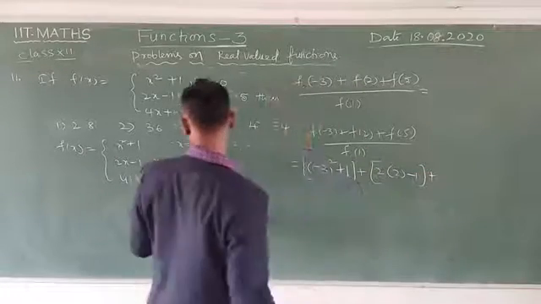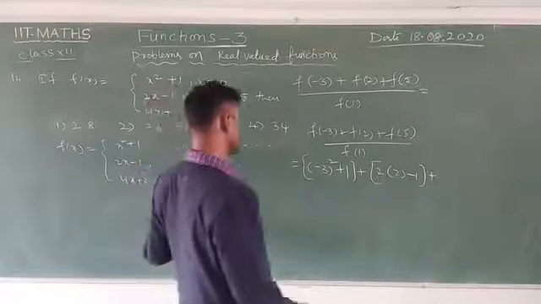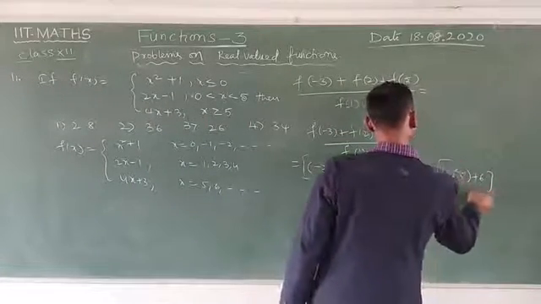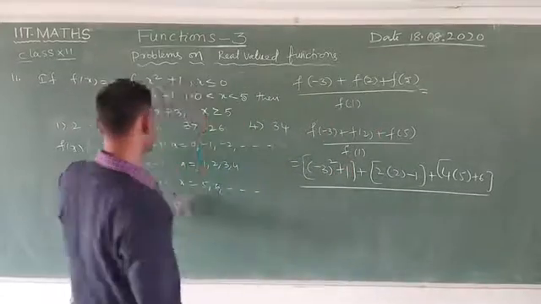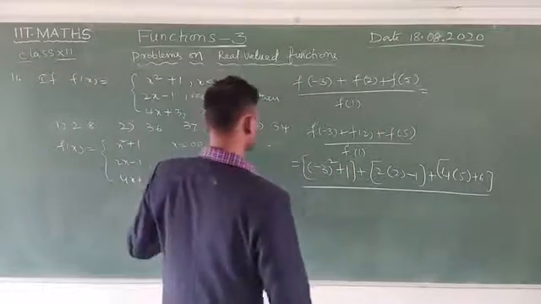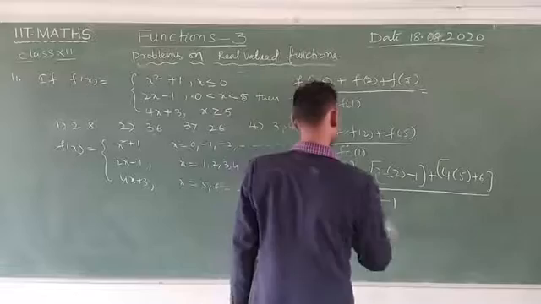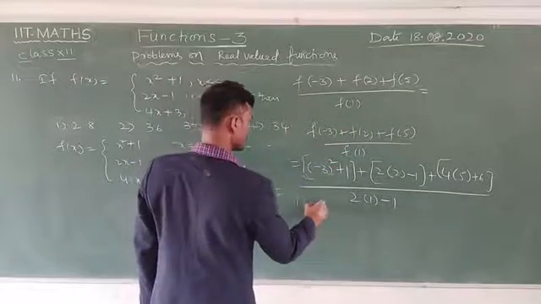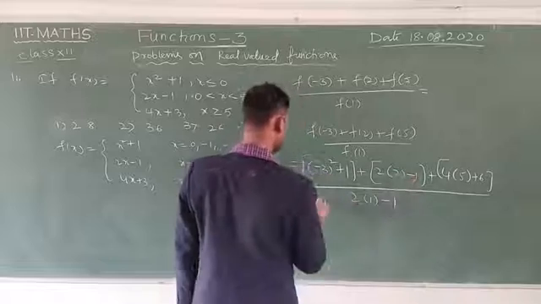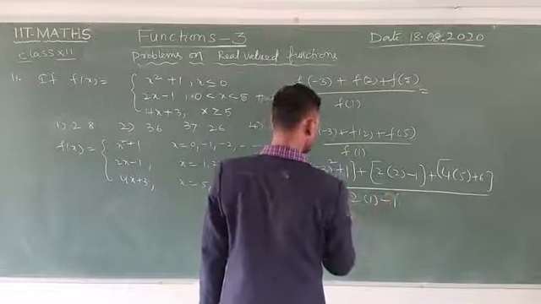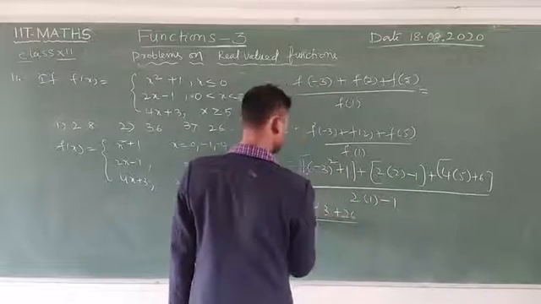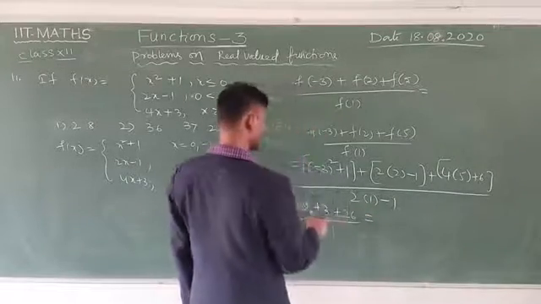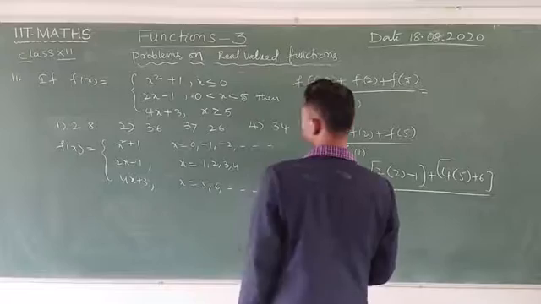Plus f of 5, which uses the third function: 4 into 5 plus 3, upon f of 1, which again uses the second one: 2 into 1 minus 1. Now 3 square is 9, 9 plus 1 is 10. 2 square is 4, 4 minus 1 is 3. And 4 fives are 20, 20 plus 3 is 23, upon 2 ones are 2, minus 1 is 1. Now this is 36, 36 by 1.